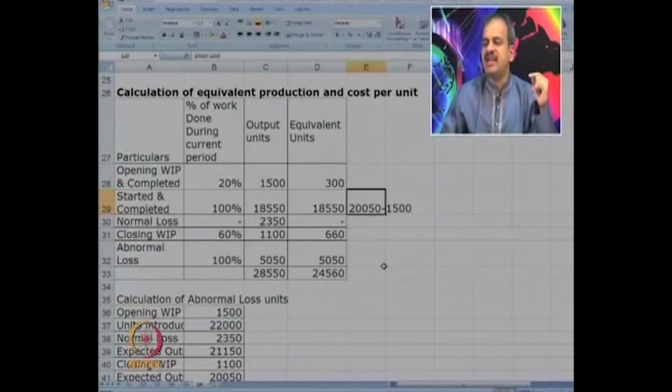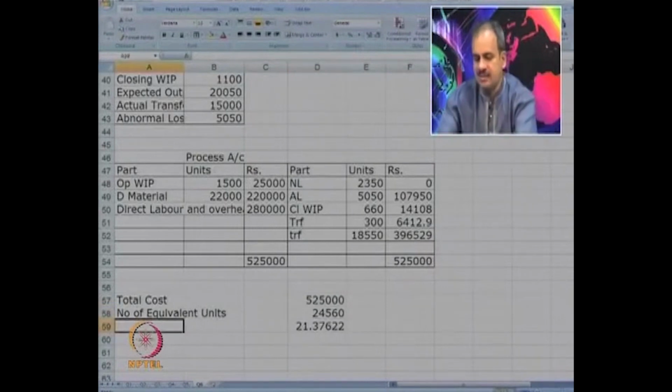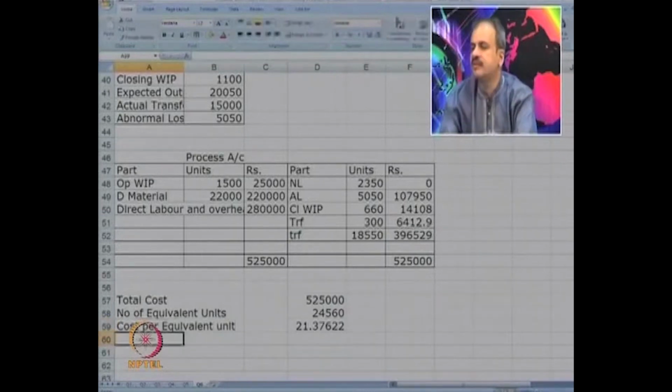Actual completion is less because of abnormal loss, and that abnormal loss of 5500 is accounted for down. So total cost is 525,000. We divide it by equivalent output, which is 24,500. So I get cost per equivalent unit.